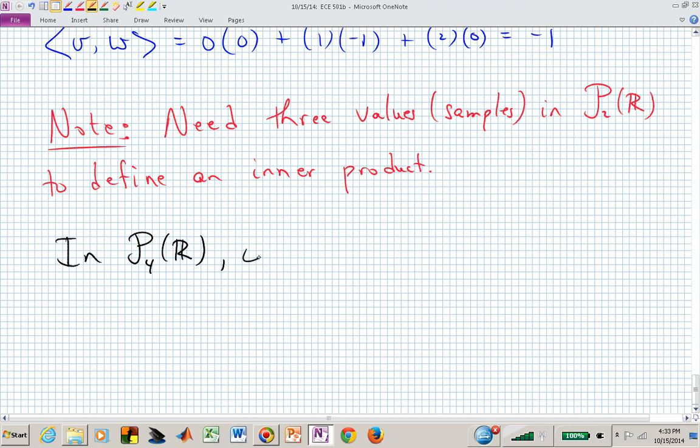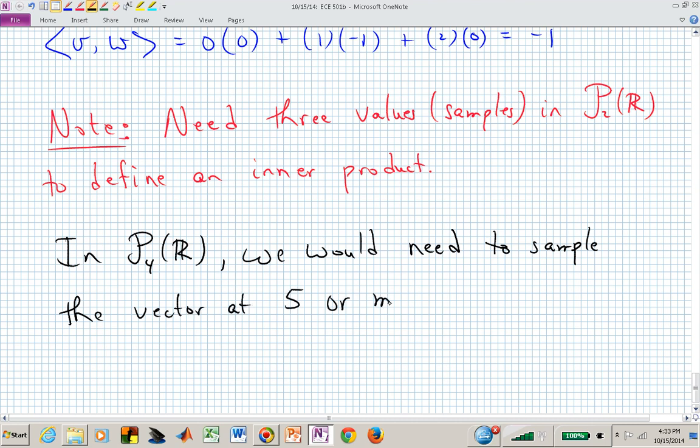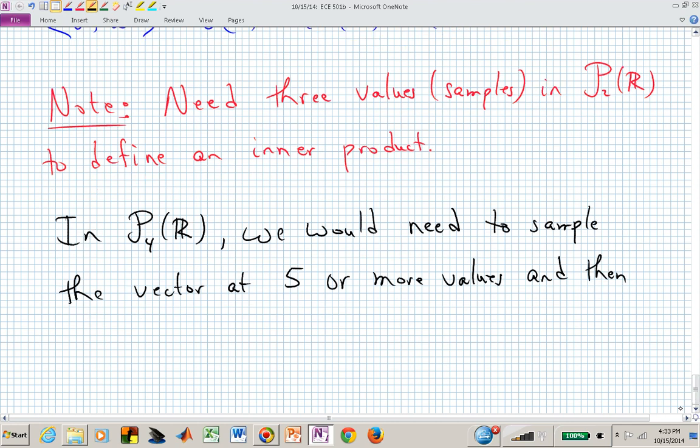So we would need to sample the vector at 5 or more values, and then perform this pairwise product and sum.